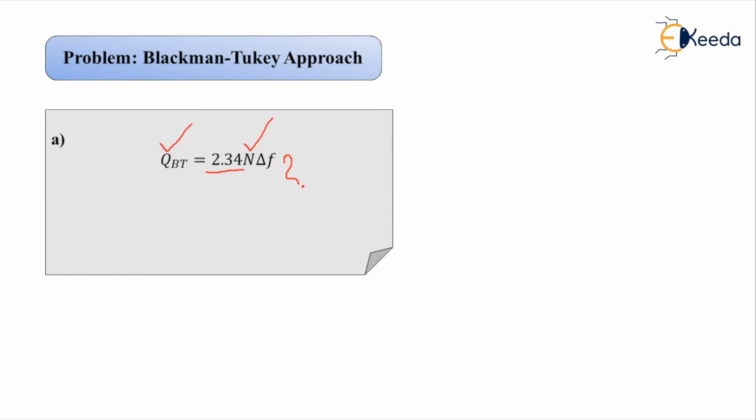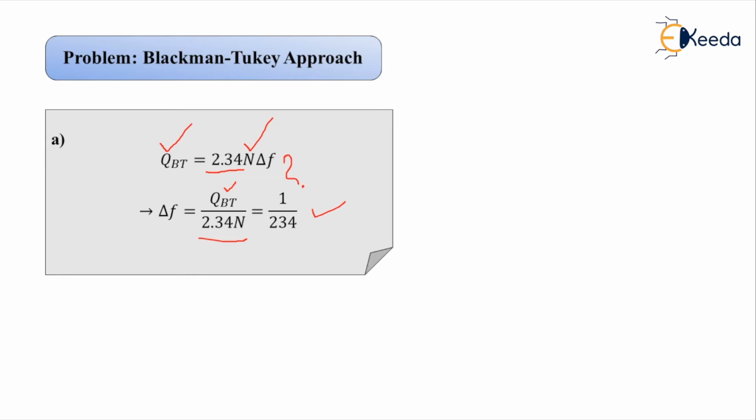Hence this step becomes very simple. To get delta F onto the left-hand side, the rest goes to the right-hand side. So delta F is equal to Q suffix BT divided by 2.34 multiplied by N. Substituting Q equal to 10 and N equal to 1000, we get the required answer for part A: 1 divided by 234.